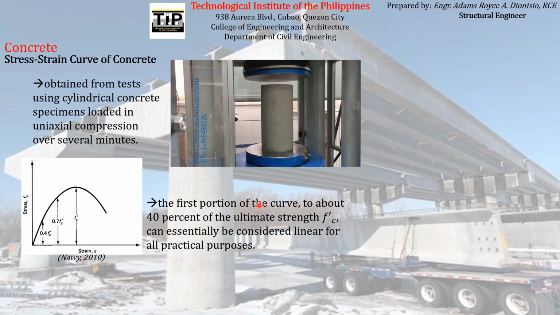The first portion of the curve, to about 40% of the ultimate strength f'c, can essentially be considered linear for all practical purposes. If you observe any stress-strain diagram, even on steel, you can see that the initial portion of the stress-strain curve can essentially be considered linear.